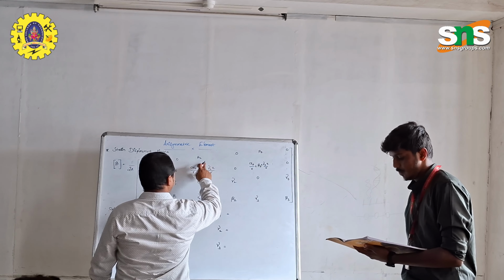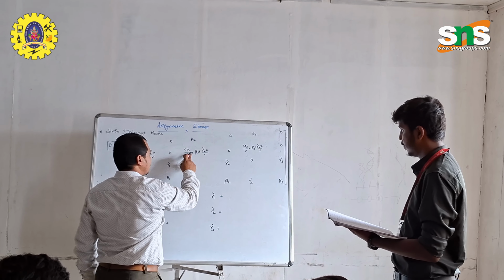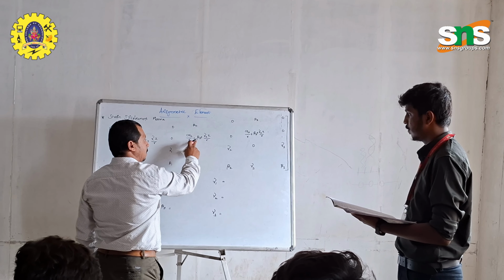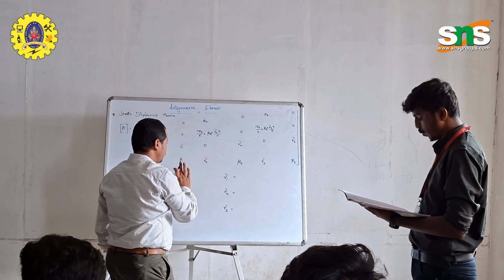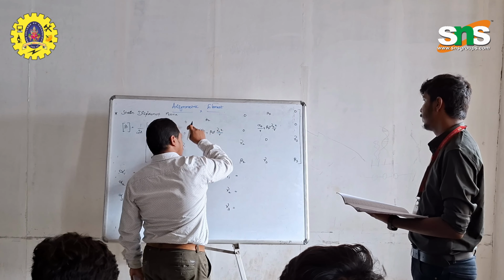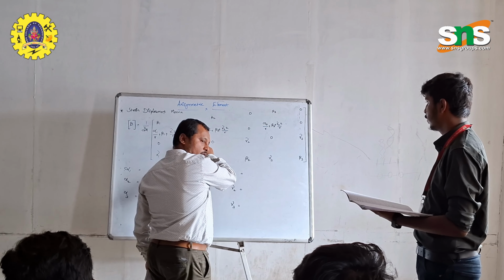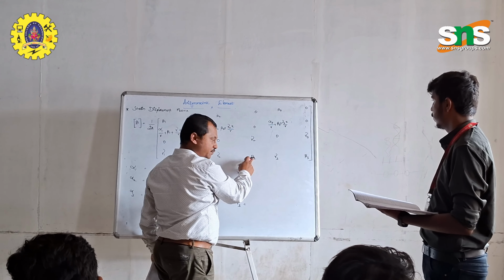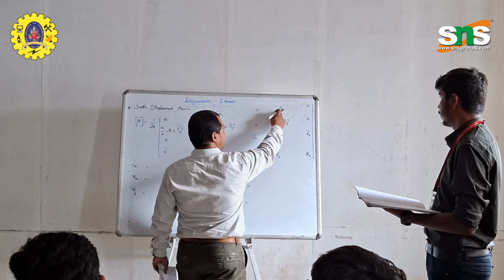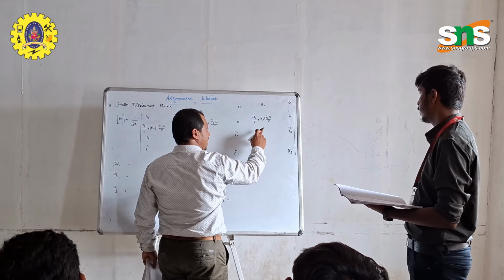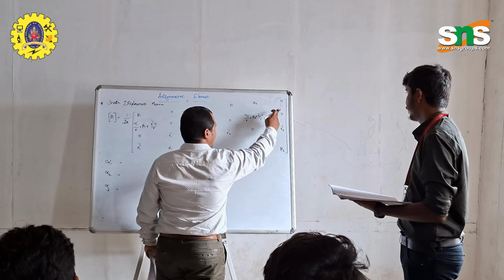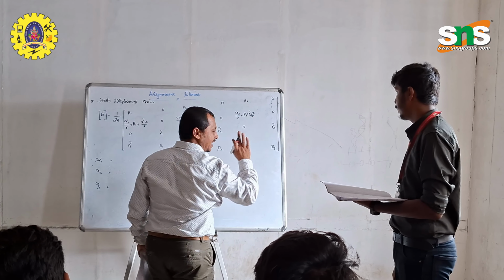Here it is beta 2, alpha 2 by R plus beta 2 plus gamma 2 Z by R, 0, gamma 2. Again 0, 0, gamma 2, beta 2. Similarly beta 3, alpha 3 by R plus beta 3 plus gamma 3 Z by R, 0, gamma 3. Similarly 0, 0, gamma 3, beta 3.